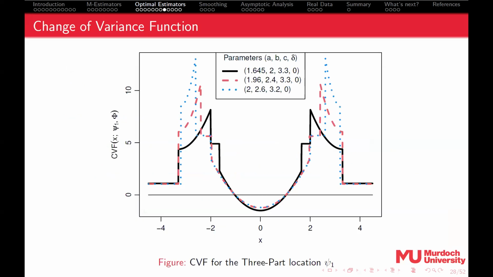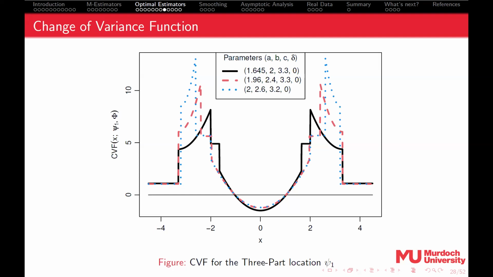To give you some sort of intuition as to what these look like, this is the change of variance function. A couple of key takeaways here is that we're just changing parameters. So we're moving the first parameter A out a little bit, and as a result we're changing B also.